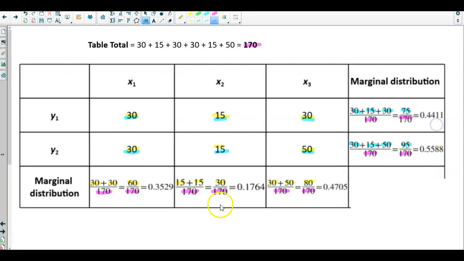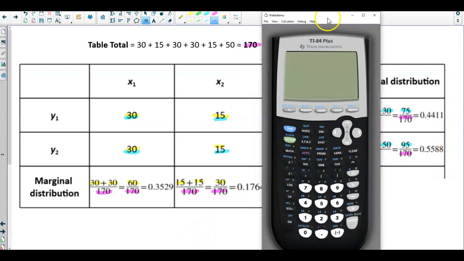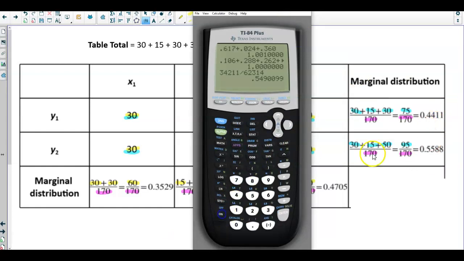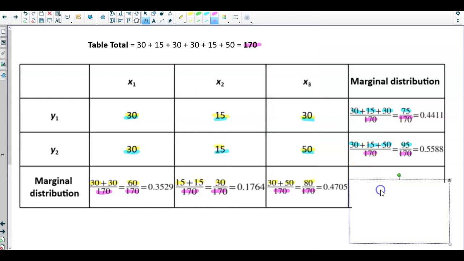Now, when we add these together, we should get the following. So let's add the two row values together: 0.4411 plus 0.5588. And that gives us approximately 1. So we should have 1 there.